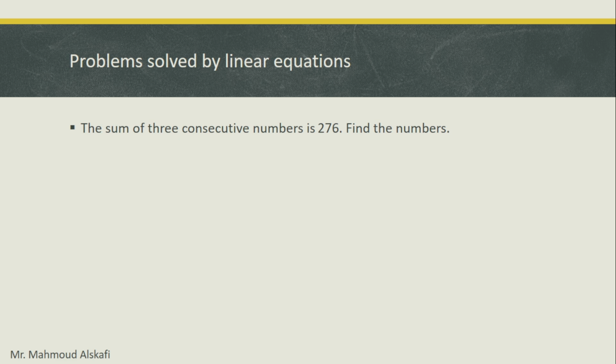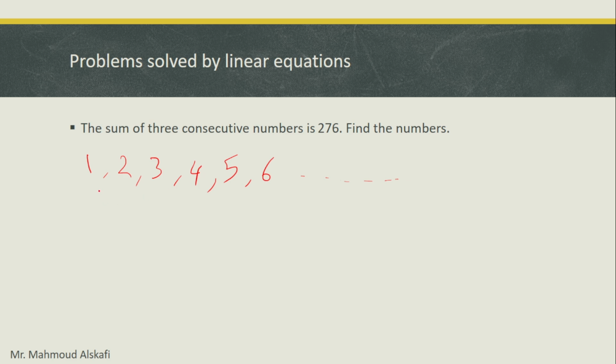Okay, in this case, we need to know the consecutive numbers, like 1, after 1 comes 2, after 2 comes 3. So these are consecutive numbers. For example, 1, 2, 3, 4, 5, 6, and so on.